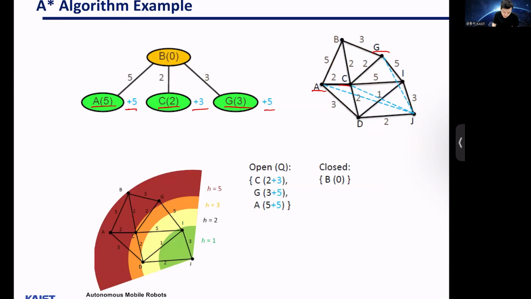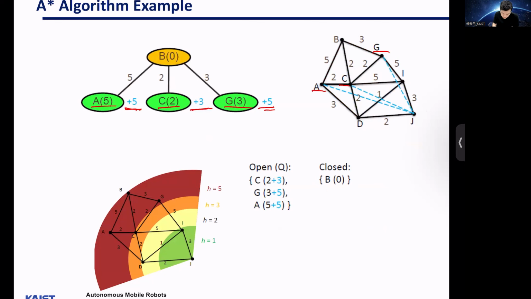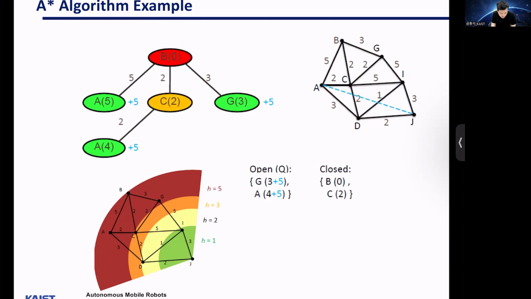Okay, so we're going to add that value here, and then we're going to keep that value. So that would be 5, 8, and 10.